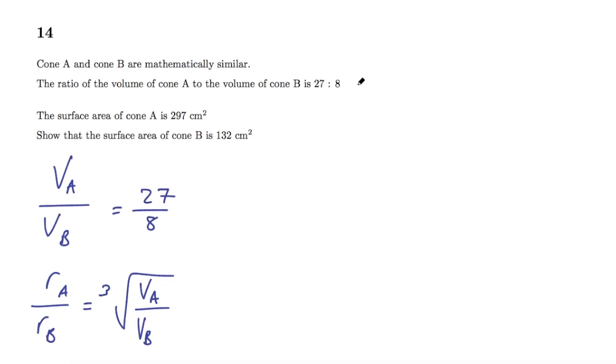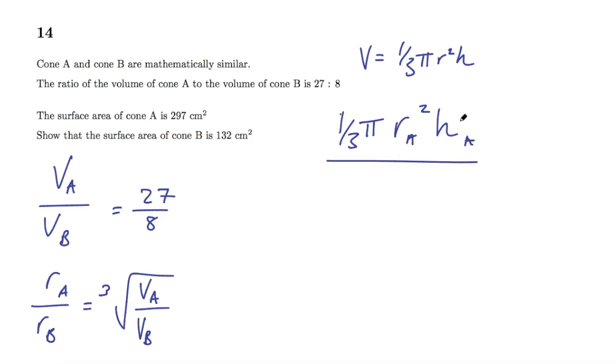So we'll take the volume of a cone formula, which is a third pi r squared h. And we know that the ratio of the volumes is 27 to 8. So we can say the volume of A over the volume of B is a third pi r_A squared multiplied by h_A, not squared, h_A, divided by a third pi r_B squared times h_B, equals 27 over 8.